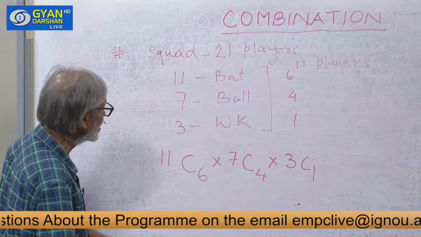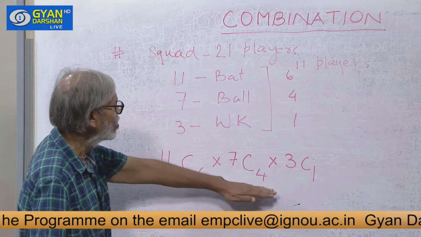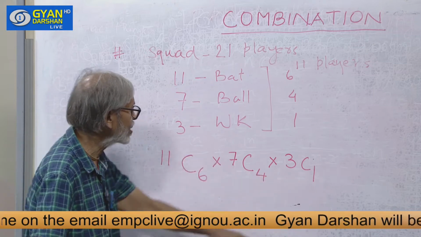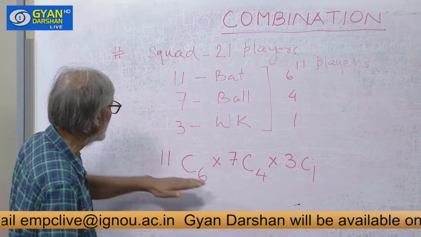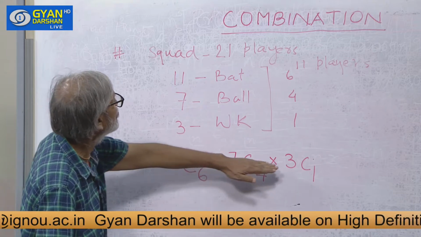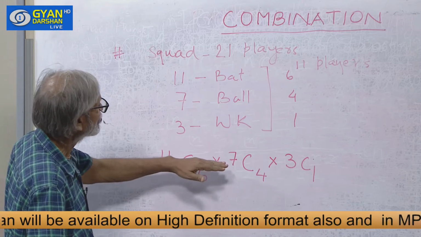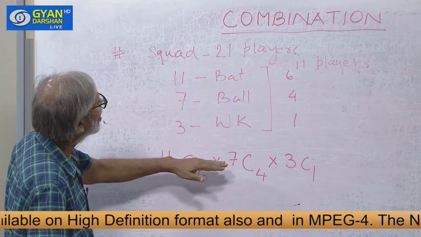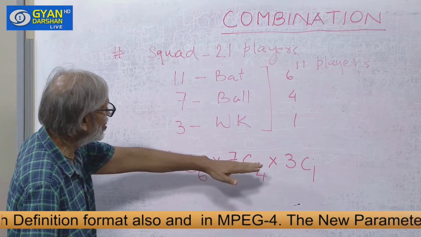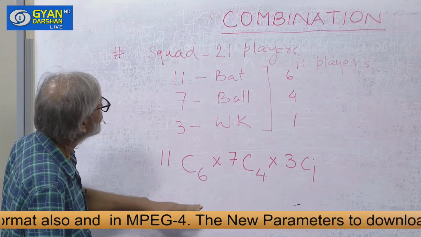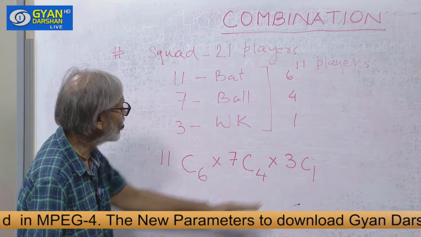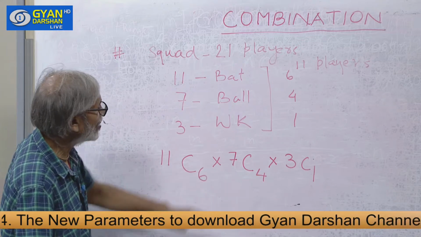So, this is our team, 6 batsmen, 4 bowlers and 1 wicket keeper, 11 players out of these 21 players, sorry, 21 players. We have selected the team of 11 players in so many ways.